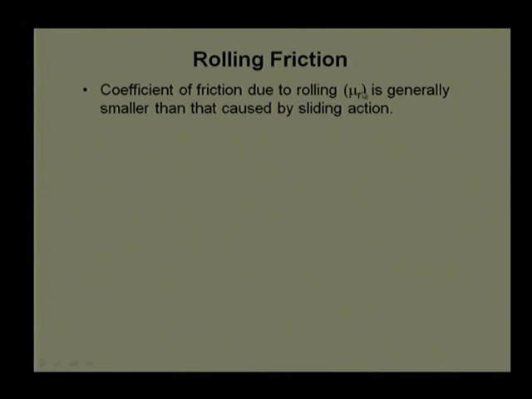So, the coefficient of friction is steady and gives a reliably low value. The coefficient of friction due to rolling, represented here with mu r, is generally smaller than that caused by sliding action. This is always desirable for machines. If I have a choice, I will prefer rolling friction compared to sliding friction, if friction reduction is my main aim.